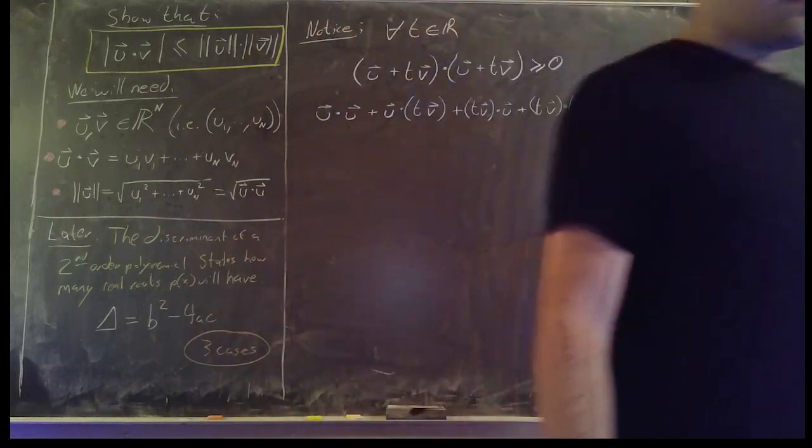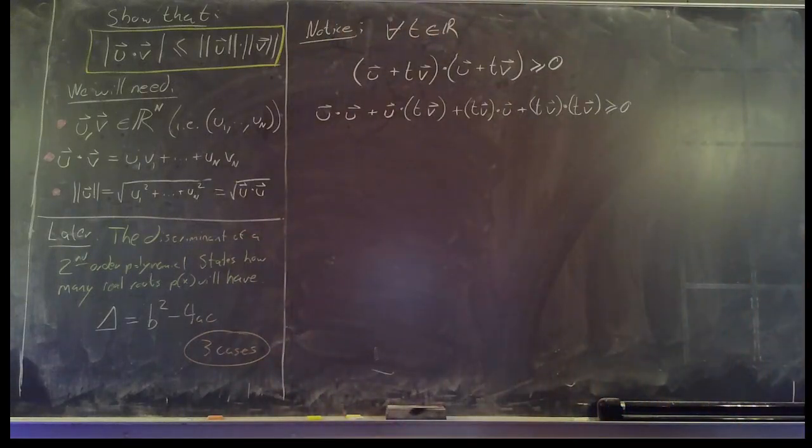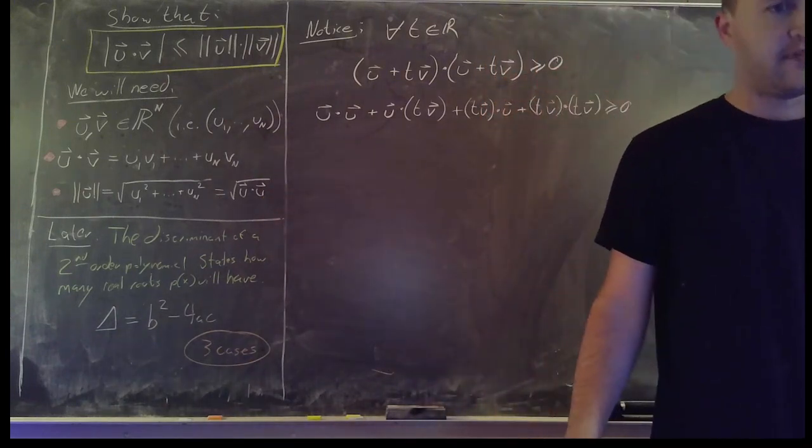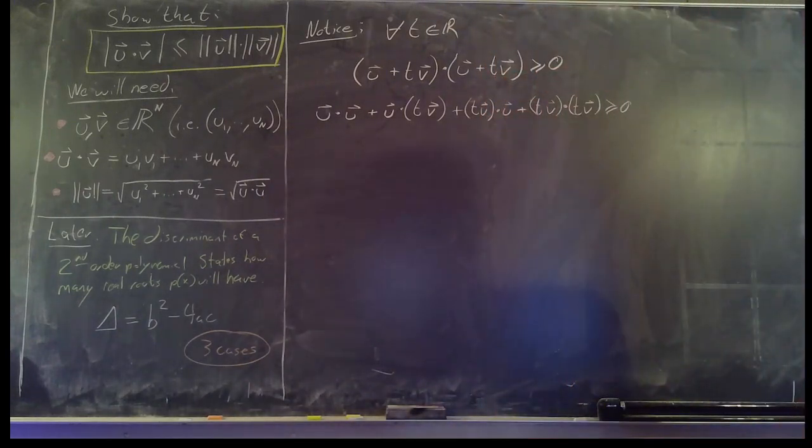Okay, so next what we need to do is a little bit of rearranging, using some of these facts that we've already established on the left-hand side, to make this into something that we can handle.